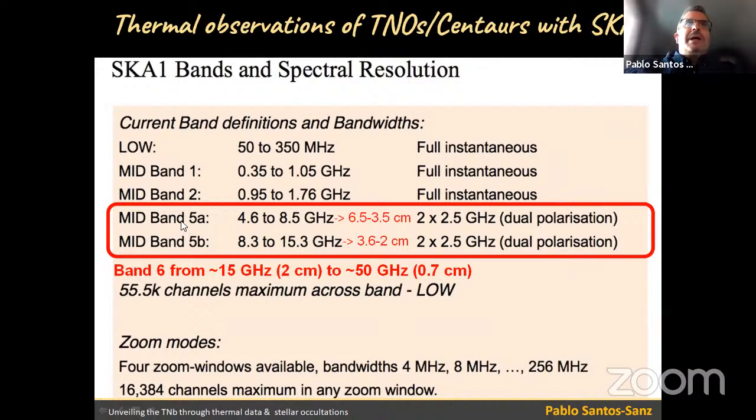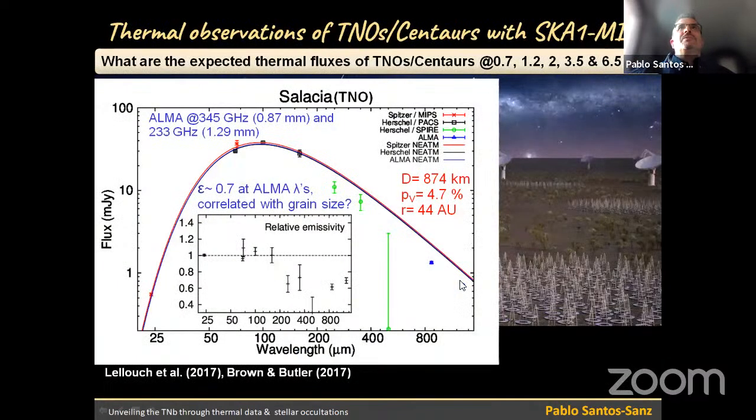Typically these are band 5 and band 6 of SKA. These are wavelengths from 0.7 to 6.5 centimeters. So the question is, can we measure this with SKA or not?